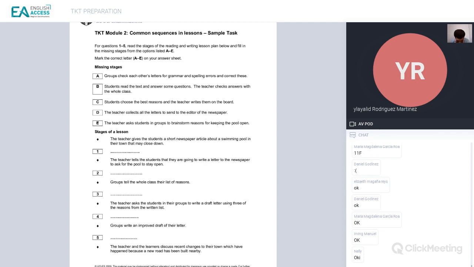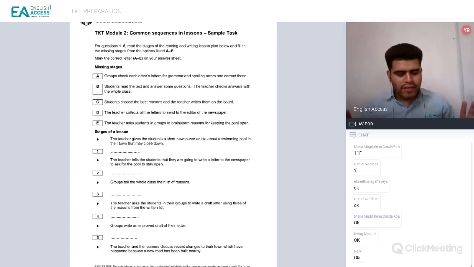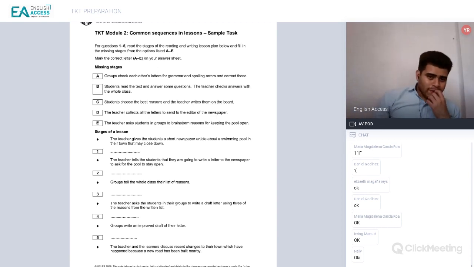One thing that you should do when you are doing these types of activities is just visualize the class. Imagine the class, take the time to close your eyes and just picture the class. You give the short article from the newspaper about a swimming pool that may close down. Think about it. These students must be worried about their swimming pool.